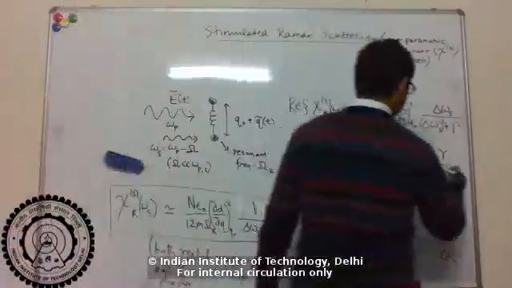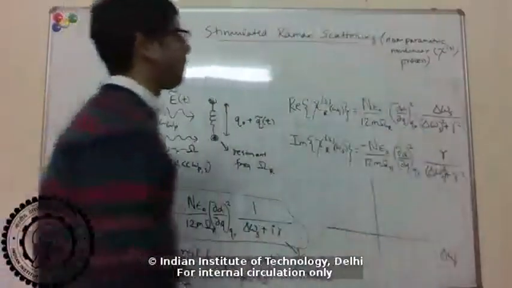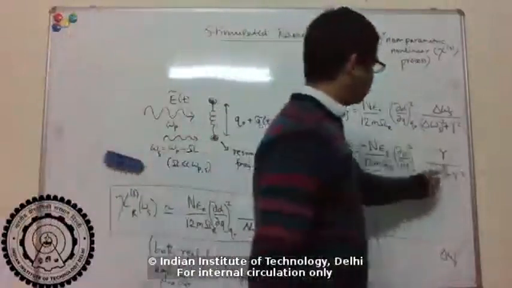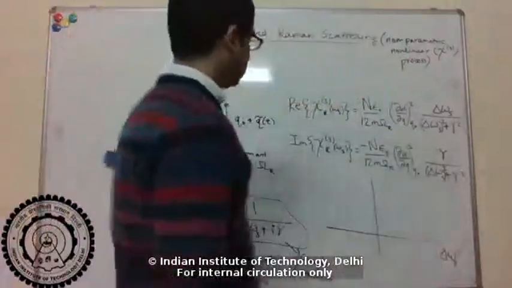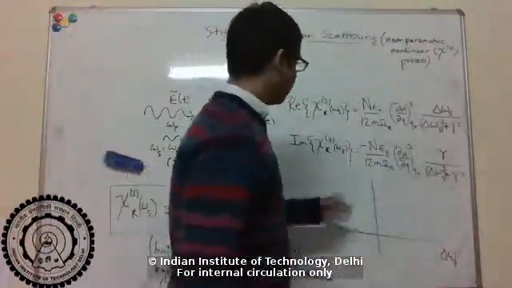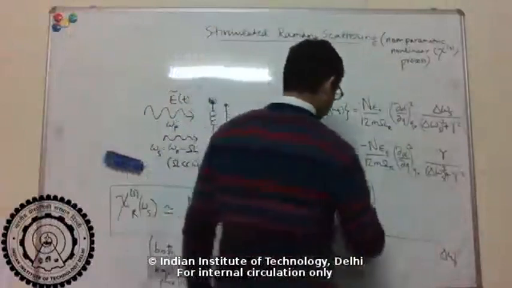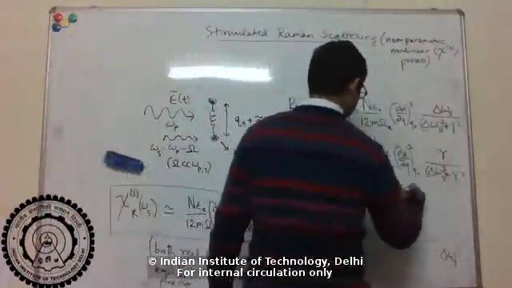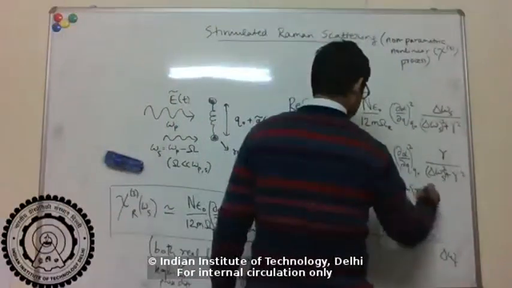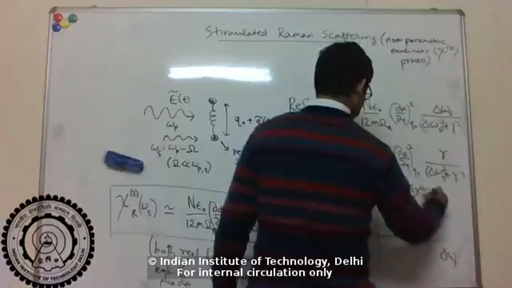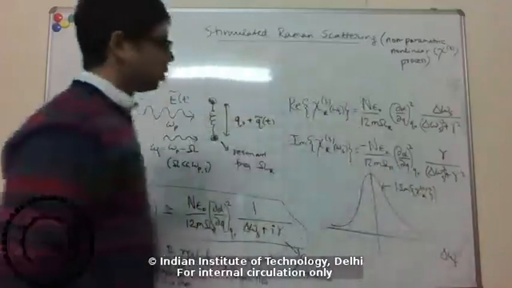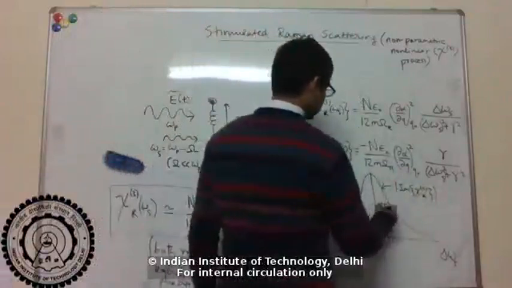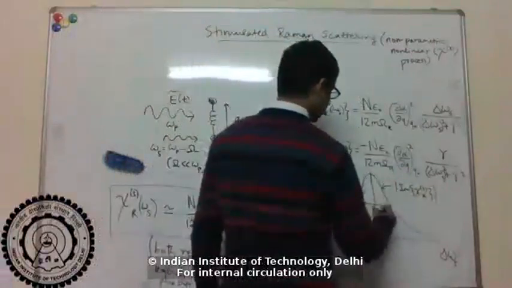So this is just a Lorentzian function. Forget about the negative sign; let's say we are plotting the magnitude, then it looks like this. This is the magnitude of the imaginary part, a Lorentzian with a full width at half max of 2 gamma.